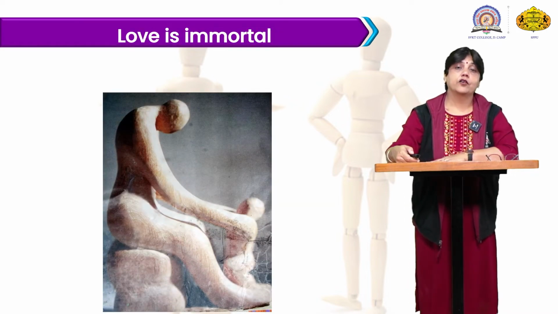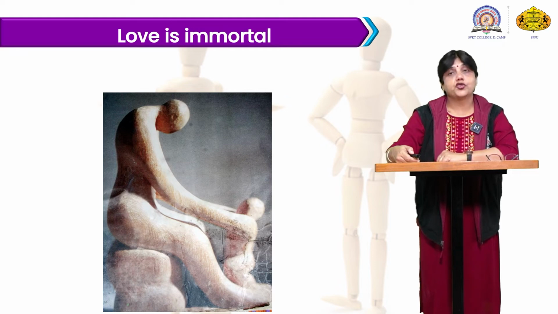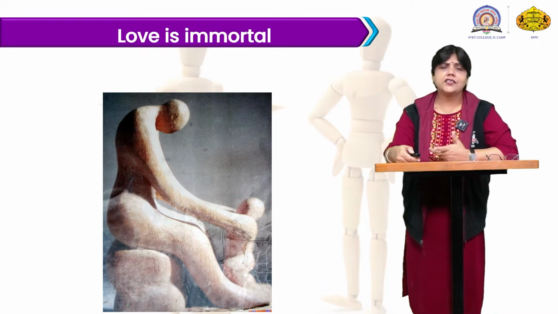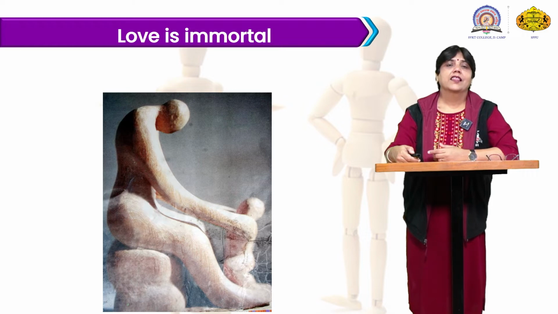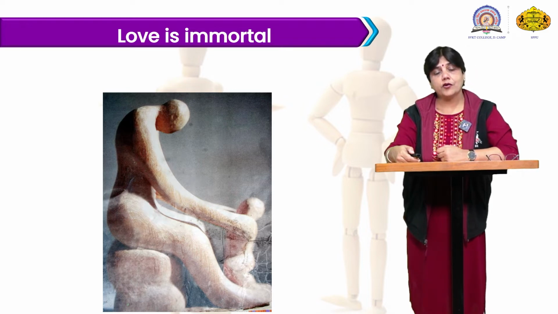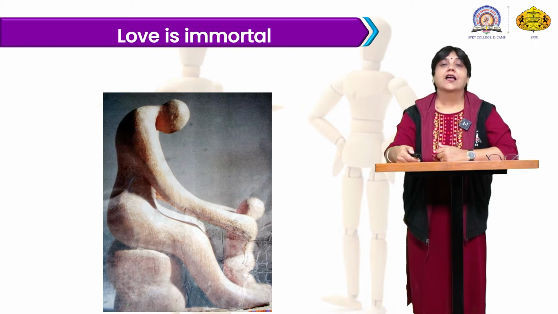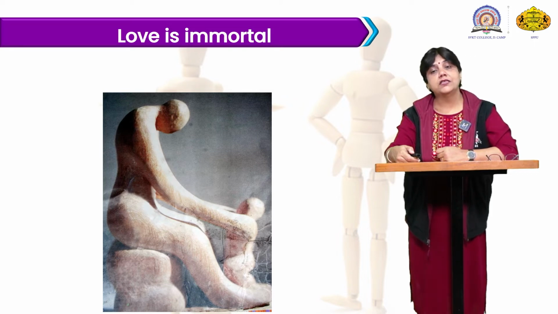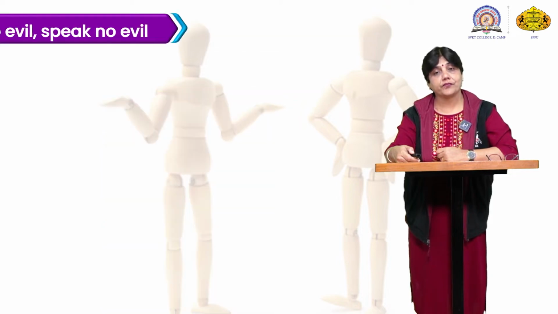Now in front of you, this picture shows two stones carved in such a manner that you can easily understand that love is immortal. So this is body language, or the depiction through these stones, through this statue.